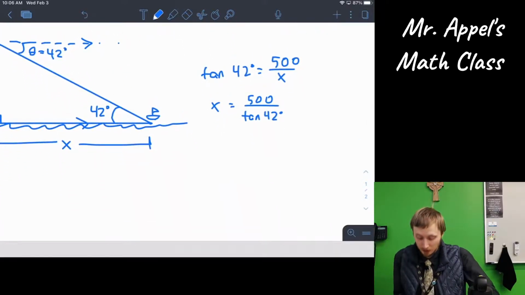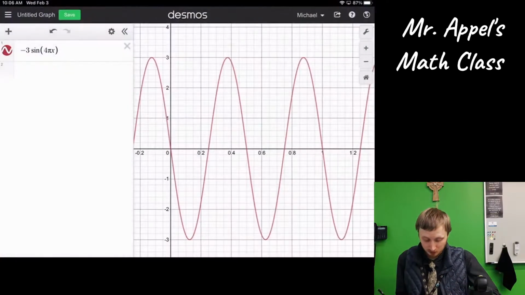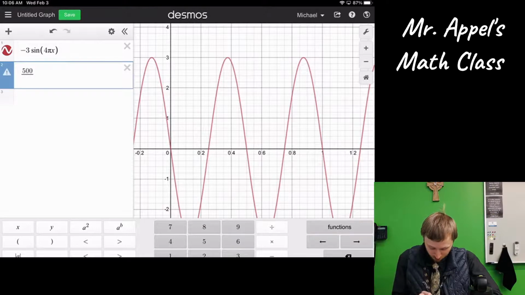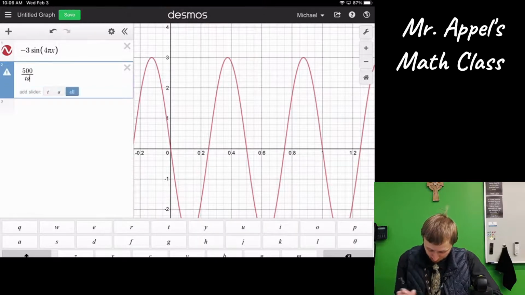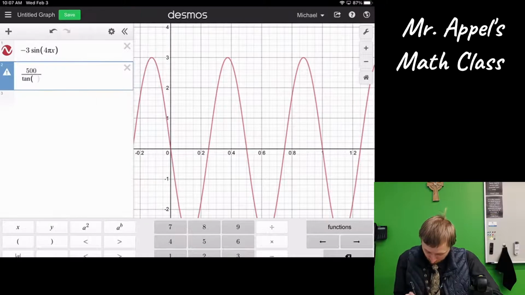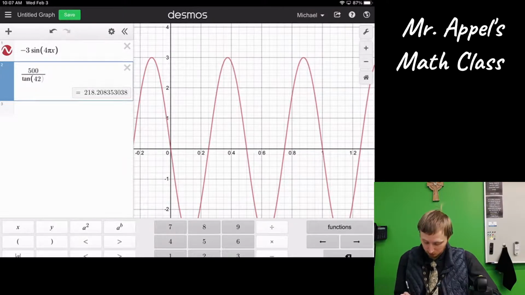There we go. Make sure your calculator is in degree mode. 500 divided by tangent 42. There we go, 218.2.